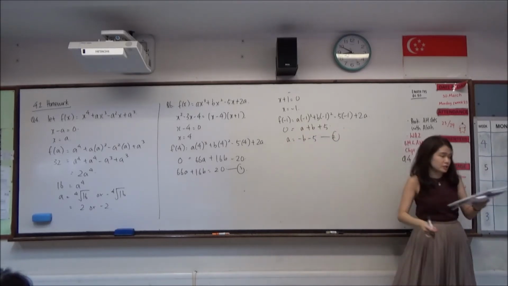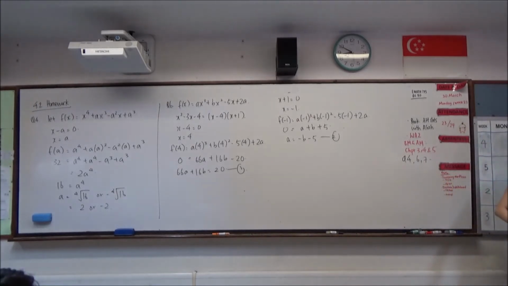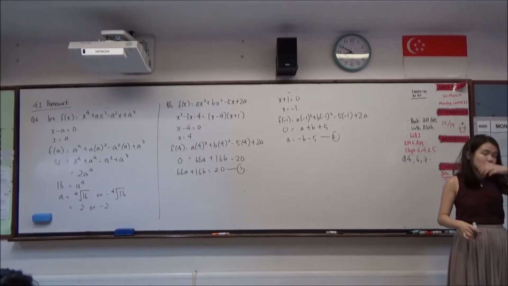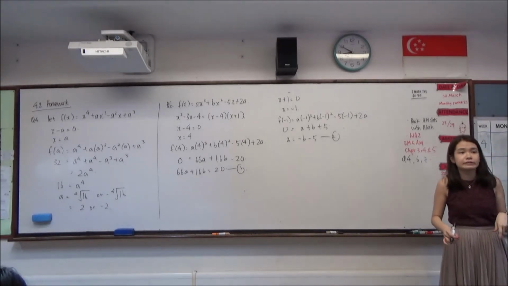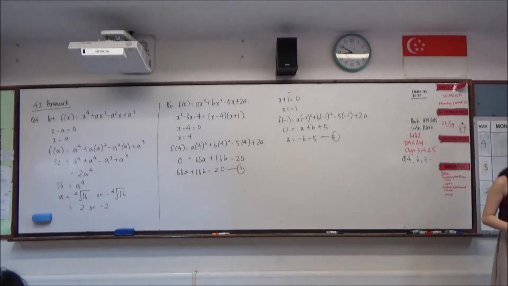And with these two equations, we can solve simultaneously. I'll leave the solving to you. You should get a equals to 2 and b equals to negative 7. So do check your answers.